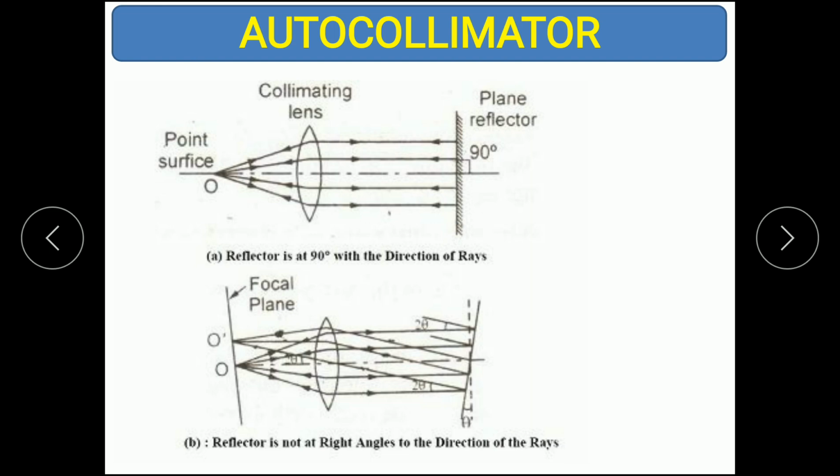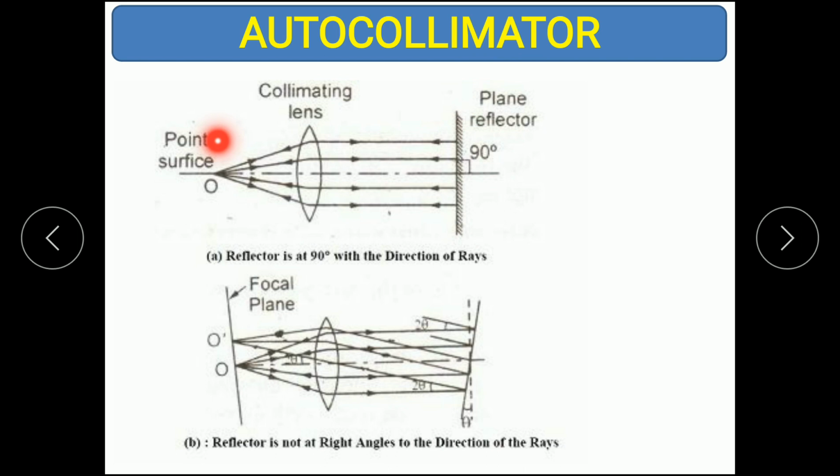Here you can see this is the surface, the plane reflector, of which we want to see the inclination or tilt. This is a point source, that is, a light source, this is called the collimating lens, and this is the reflecting surface. Suppose the reflecting surface is at 90° to the lens.